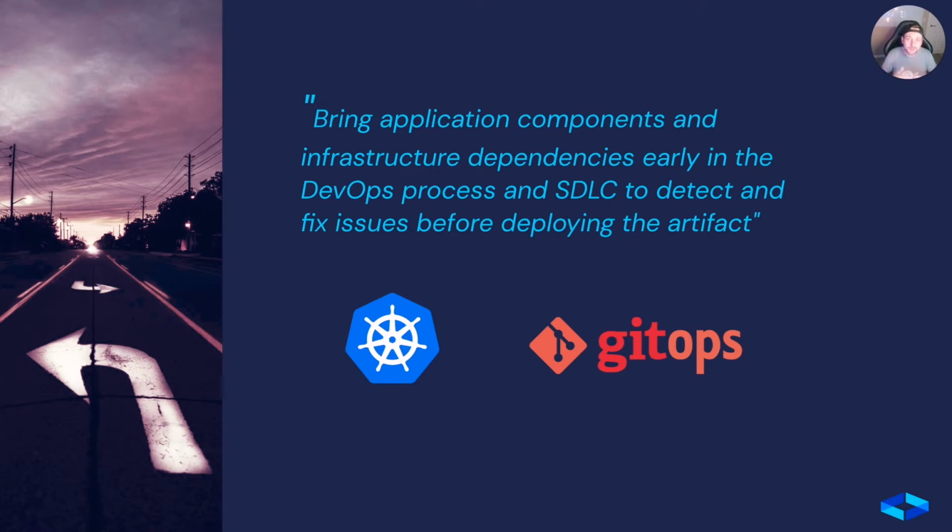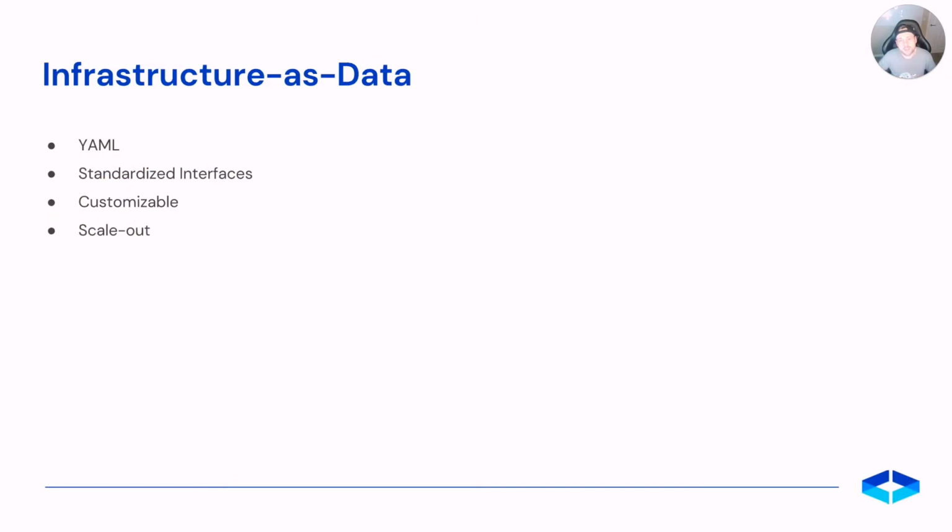In the context of Kubernetes, as it includes many infrastructure components, this means that they must be defined alongside the application code. So, for example, if you have some StatefulSet as part of your application, the data layer must be defined natively in Kubernetes in a declarative fashion and deployed without any manual intervention. The idiomatic way to do this in Kubernetes is, of course, by using YAML, which in our case defines infrastructure requirements.